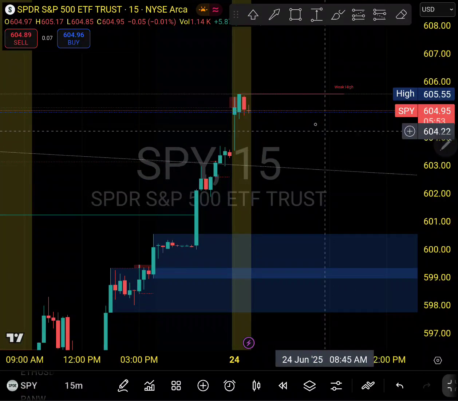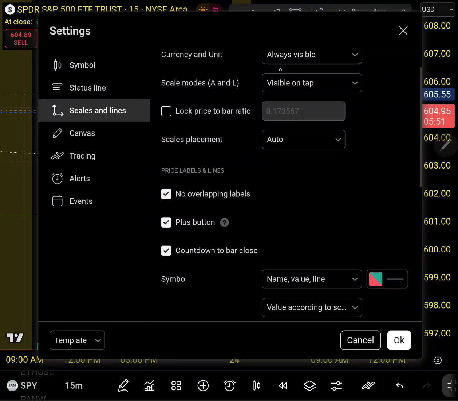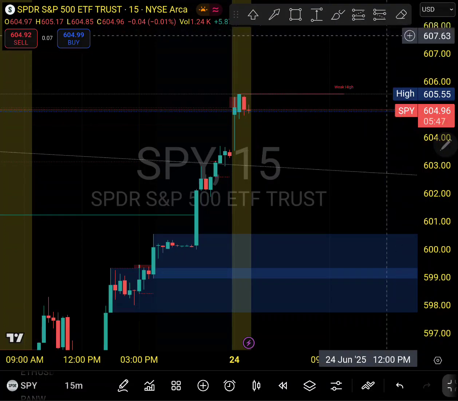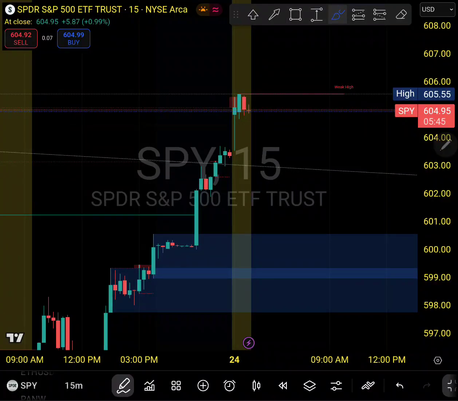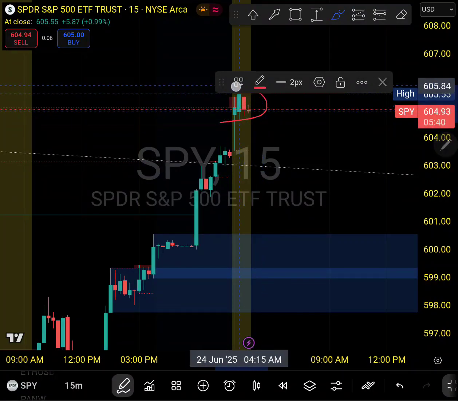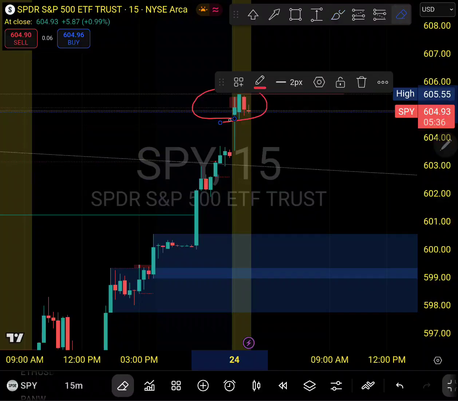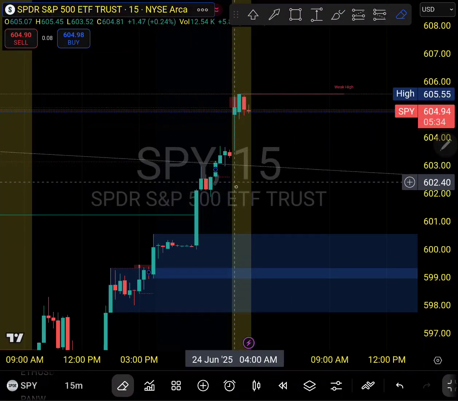So today's plan will be very simple. I will not buy anything right here. I would not consider buying anything at this point if the market opens. So what will be a good place to buy?